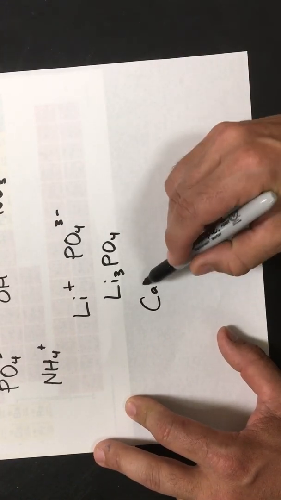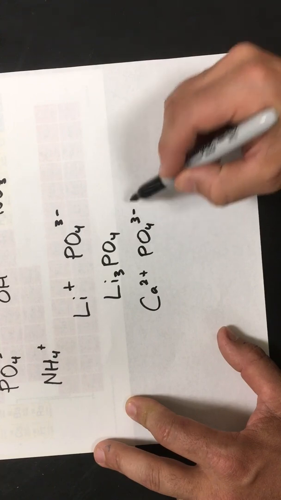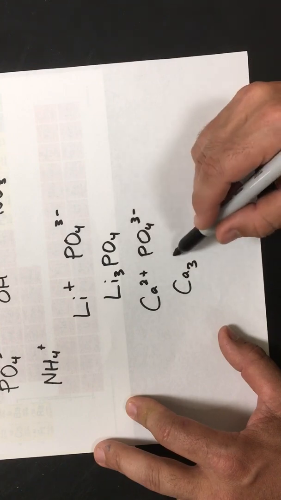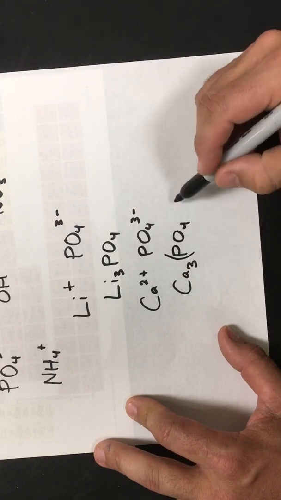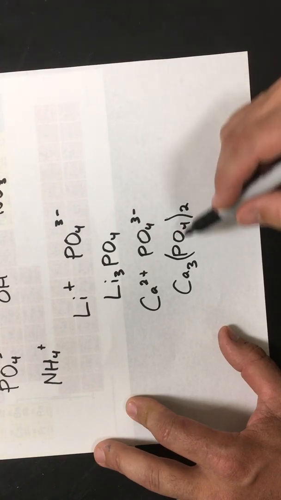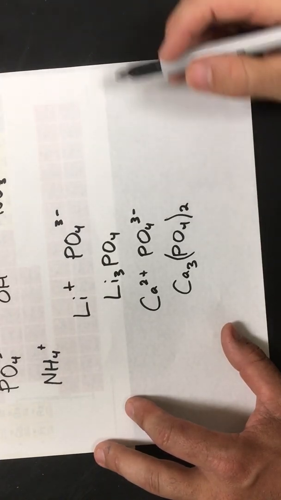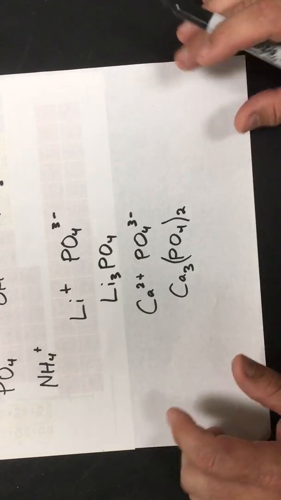We'd say, okay, calcium's a 2+, phosphate is a 3 minus. All right, crisscross. Ca3, then the 2, PO4. But we have to put this in parentheses because we want 2 of the entire thing in parentheses. Sort of have to distribute that out in a way. So there's a couple examples of polyatomics.